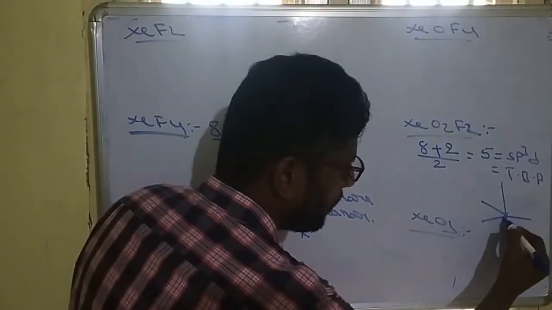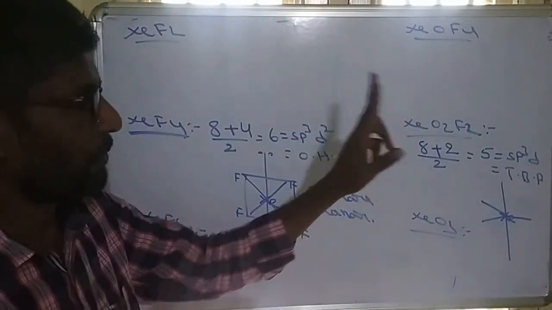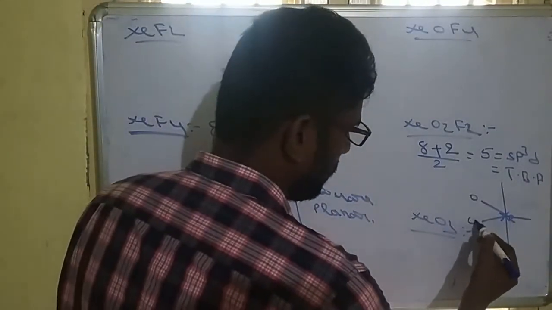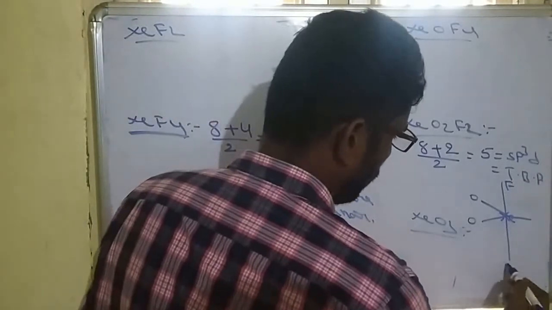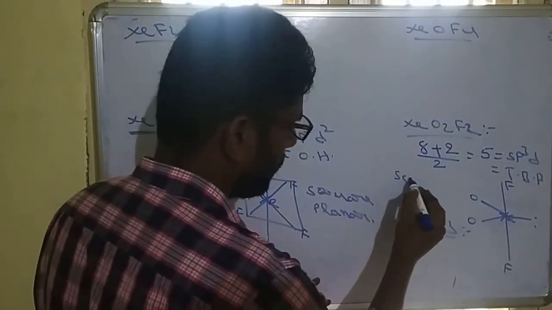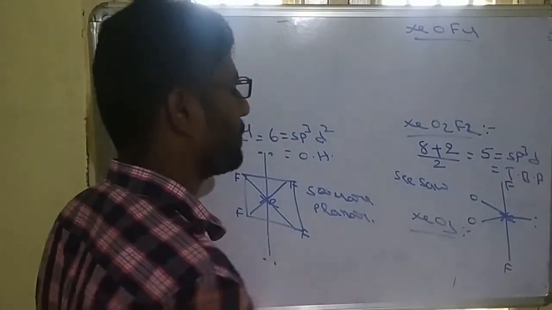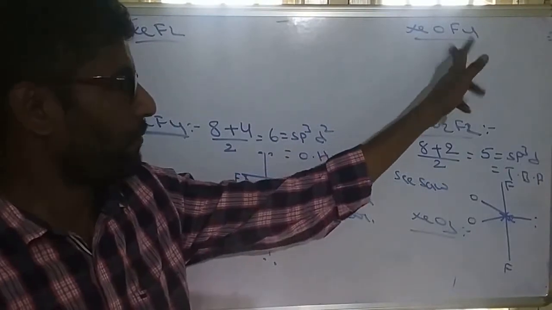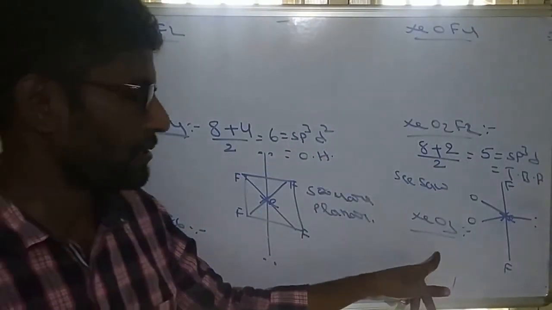The central atom is xenon, with 2 oxygens and 2 fluorines, and this position must be a lone pair. The shape will be seesaw shape.